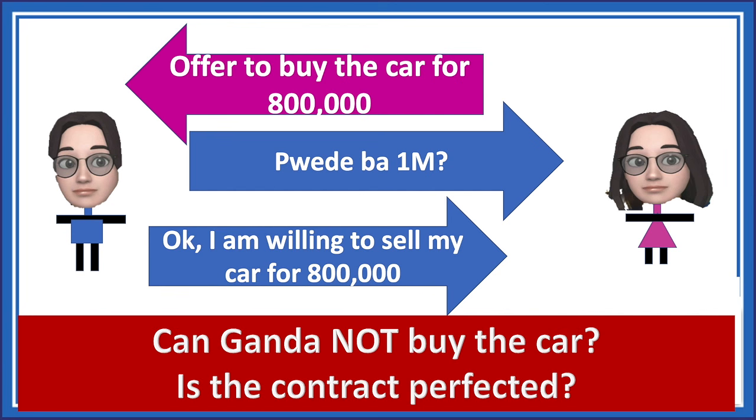Kasi originally, yun talaga yung offer niya. Ayaw ni Pogi. Now, ngayong ayaw niya, dun sa new offer ni Pogi na 1 million pesos, tinawag siya ni Pogi na okay na 800,000 pesos. So, ang tanong, pwede pa bang umatras si Ganda? O nagkaroon na ng meeting of minds at na-perfect na ang contract kaya hindi na pwede? What do you think? Can you answer it in your mind? And let us check if pareho ba ang sagot natin.